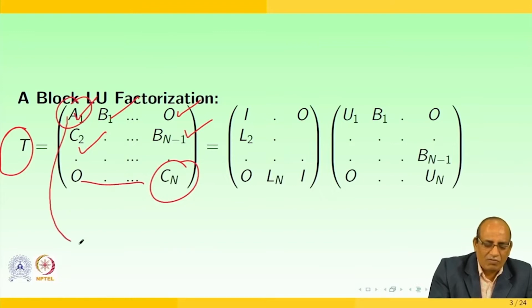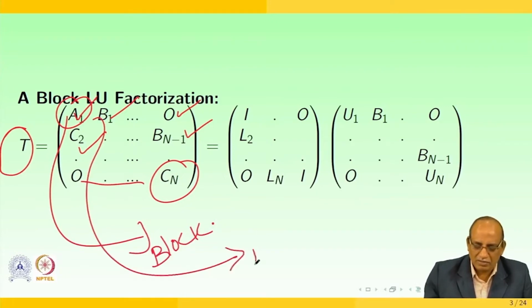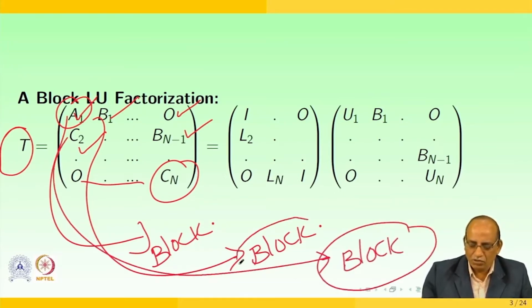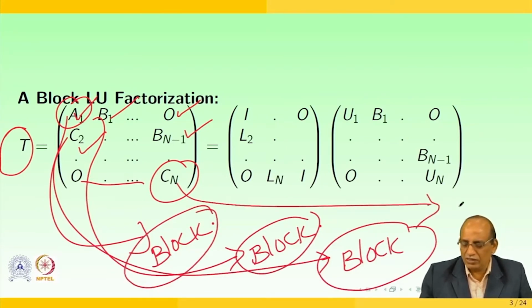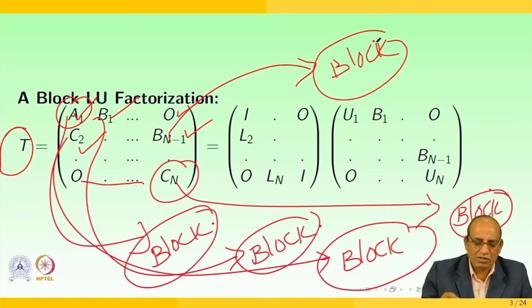So A1 is one block, and this is another block, and this is another block. Cn is also another block. So you have all the blocks.